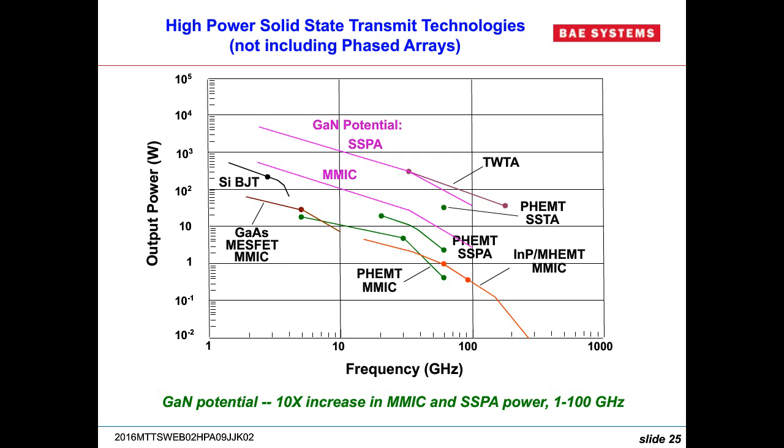And NRL has recently reported about 30 to 50 watts at over 200 gigahertz in a traveling wave tube amplifier. And there's no solid state equivalent to that. So as a benchmark to shoot for in solid state, I have put that on there as the tube on this view graph.